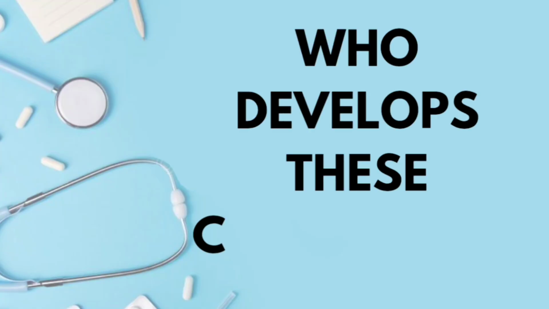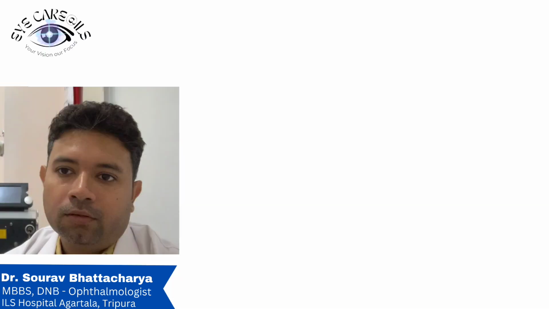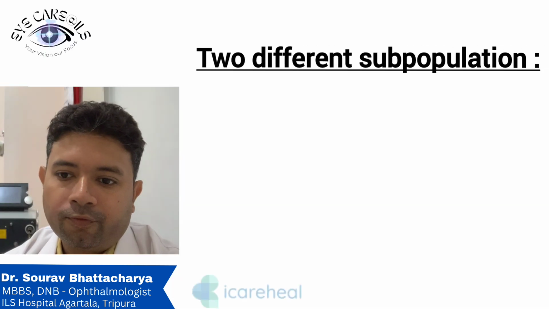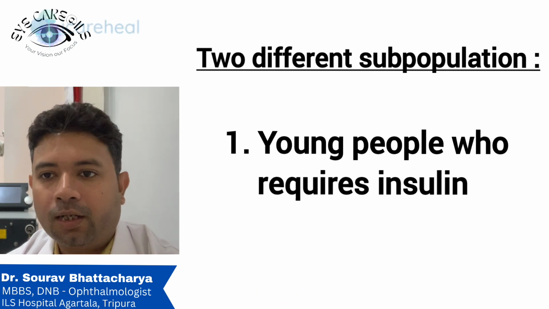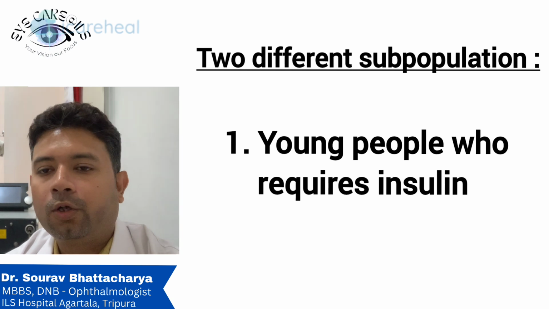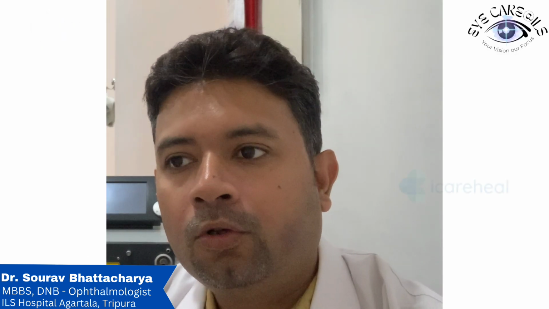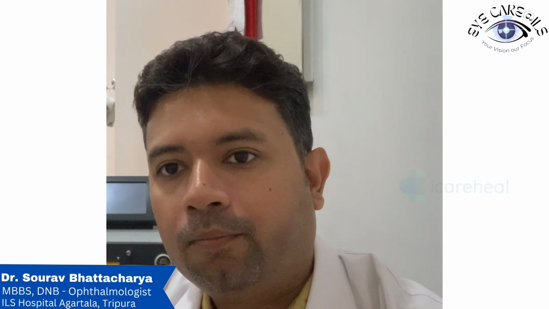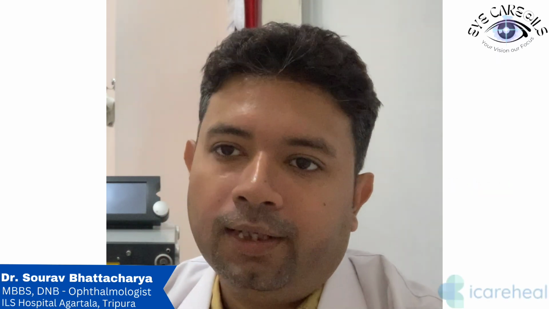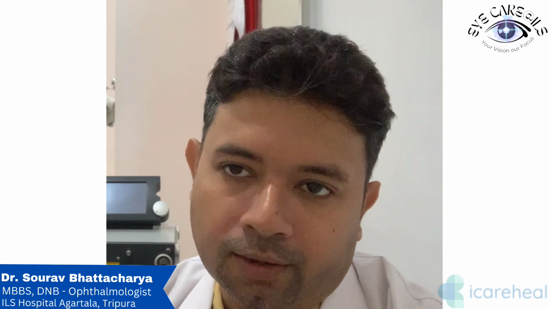Who develops these conditions? Diabetes is usually seen in two different subpopulations. One is someone who presents very early, at a very young age. They are people who require insulin and they have a problem of not being able to produce the hormone insulin by themselves right from an early age. They are called insulin dependent diabetes.